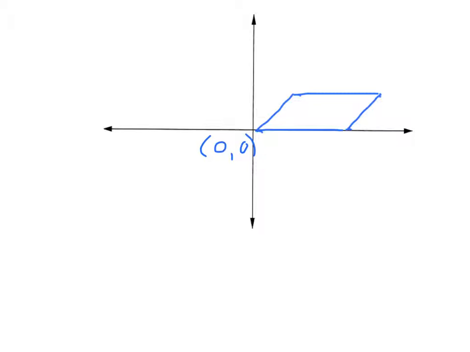This right here is some distance over. We don't know how big it is, but we'll just call it a distance of a. But yet it's still a height of 0 because it's on the x-axis. Let's do the upper left-hand vertex next. If I want to write its coordinate, its distance over is not any particular distance that we've used before.